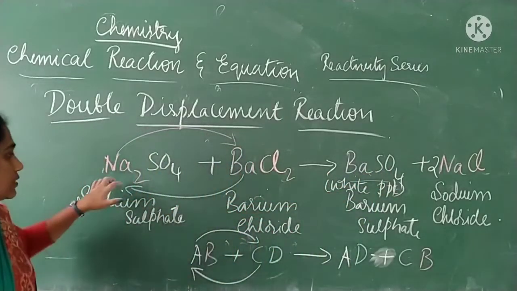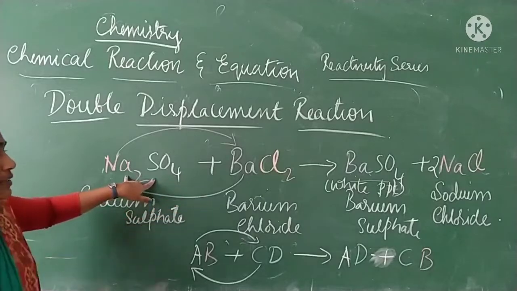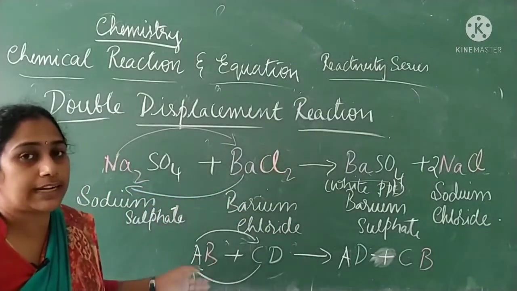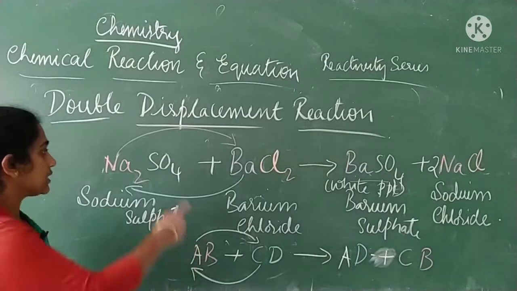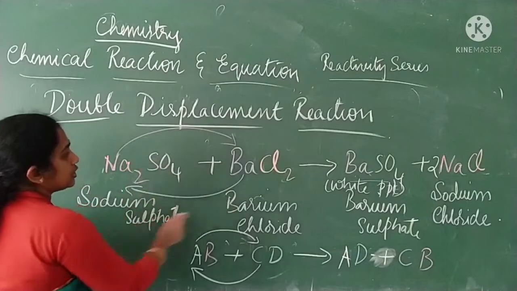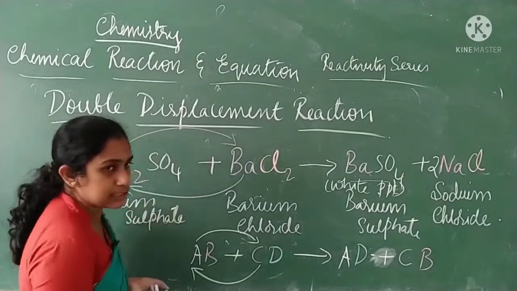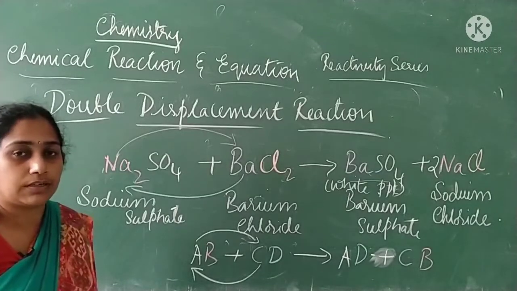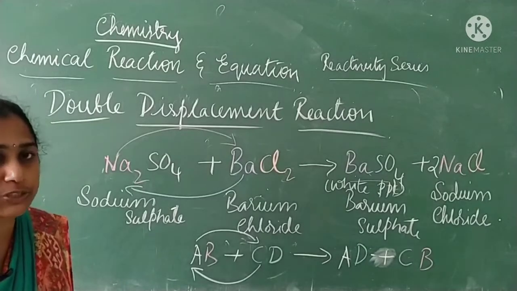You understand? Because of the mutual interchange of the elements, there is a double displacement taking place. Two elements interchange their places in the salt solution and two new products are formed after the reaction is completed.